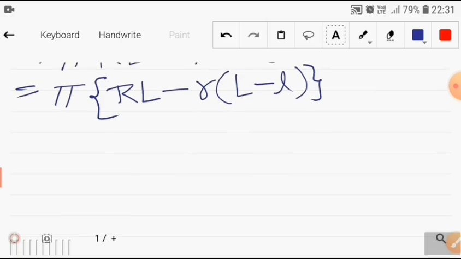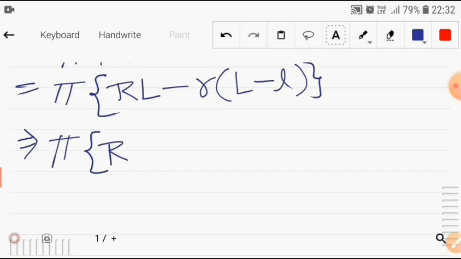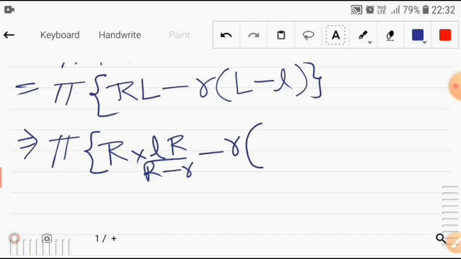In the next line we'll put the value of L from the second equation. Pi. The second equation says, as I have already discussed, that the value of capital L is equal to l R by R minus r. Replacing the value of capital L with l R by R minus r, and L minus l. Next line.